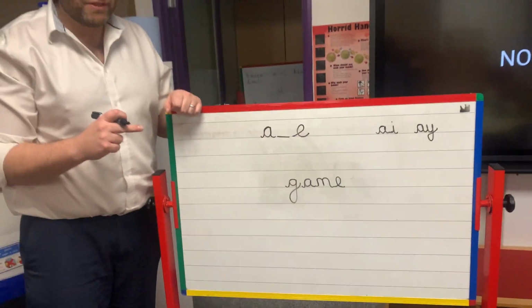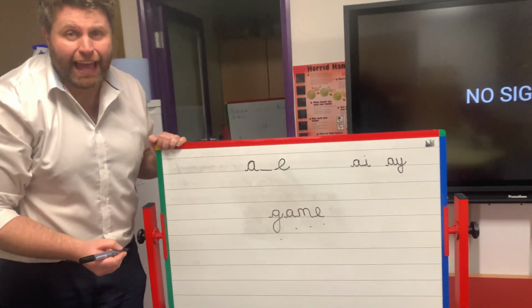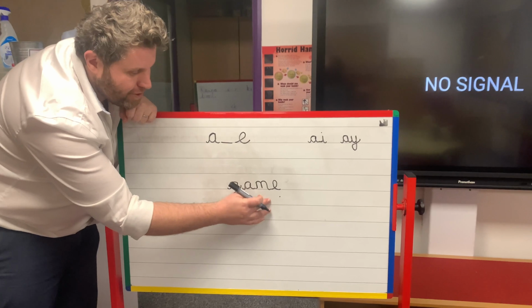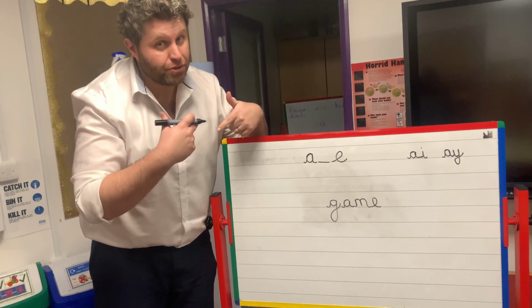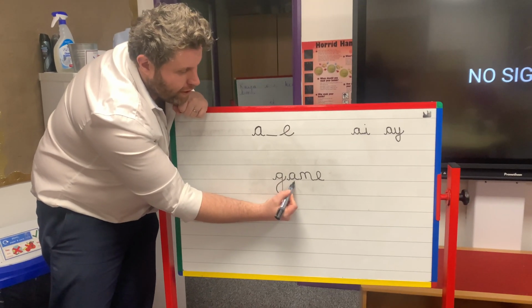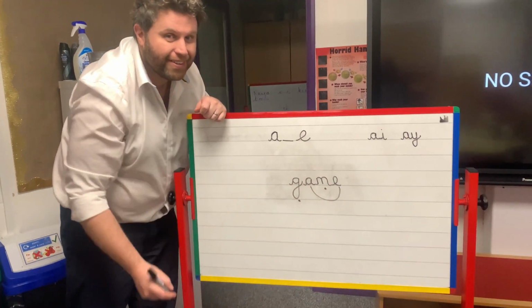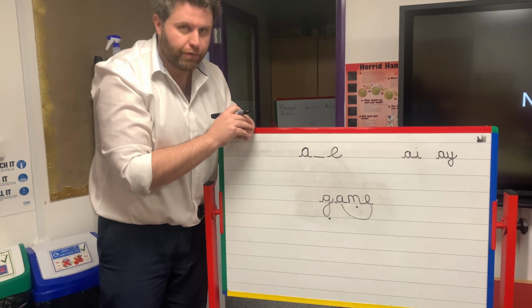So when I read this word, I can't say game, because that's not a word. What I actually have to do, and this is so tricky, so don't worry if you have to watch it again, is I'm going to say G, A. Isn't that strange?